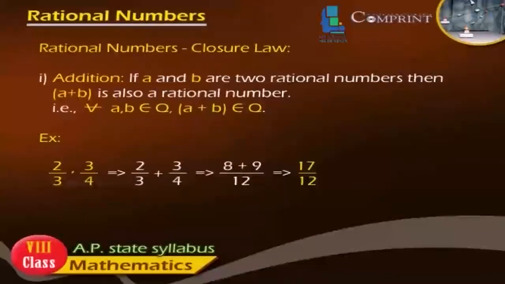Rational numbers closure law. Addition. If a and b are two rational numbers, then a plus b is also a rational number.